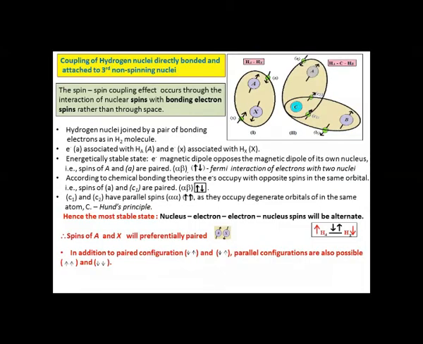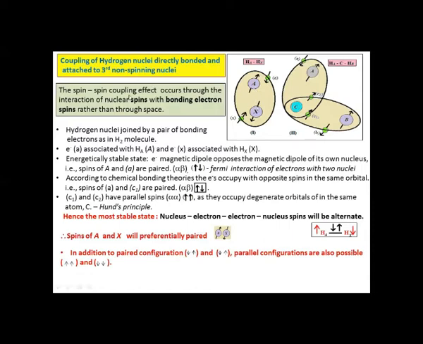Here comes the coupling of hydrogen nuclei which are directly bonded, and also when the hydrogen nuclei are attached to a third non-spinning nucleus. So how is the magnetic interaction between the two protons transmitted? In general, it is not transmitted through space, but instead through the bonded electrons.